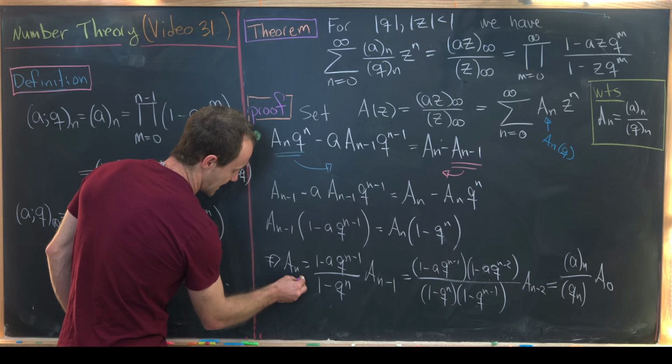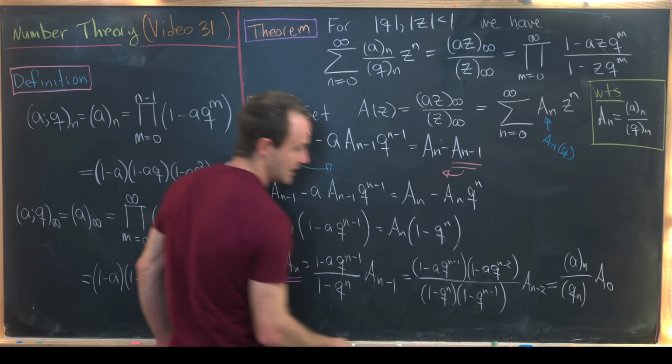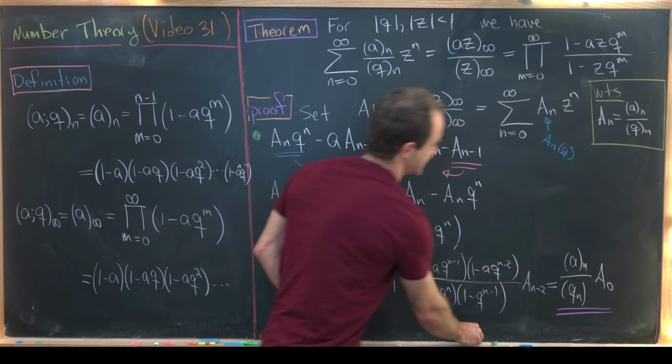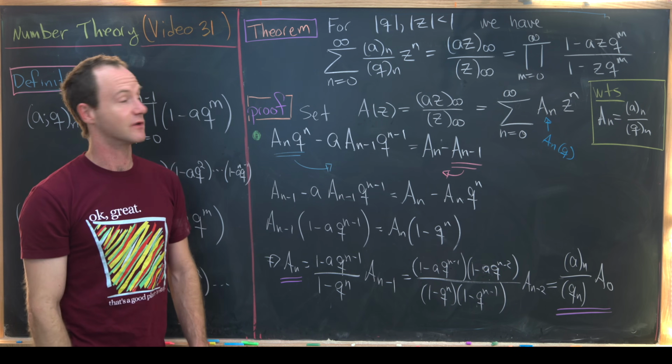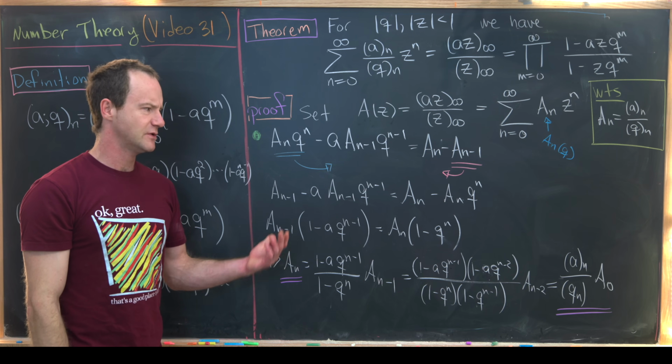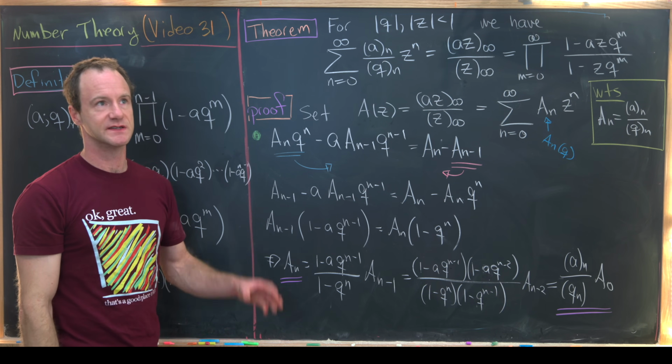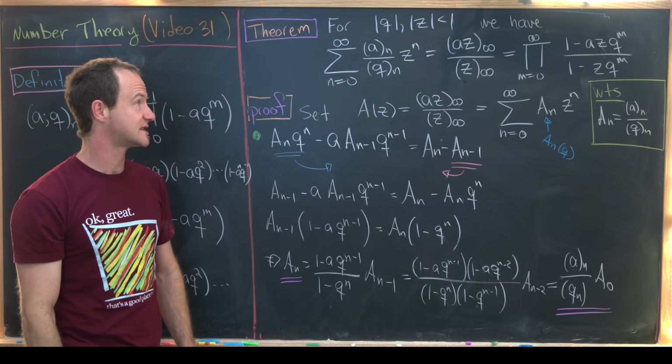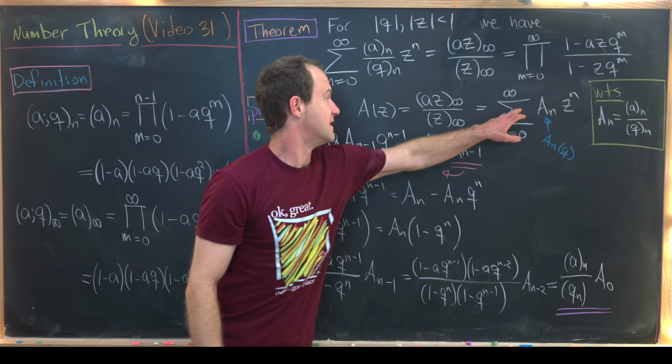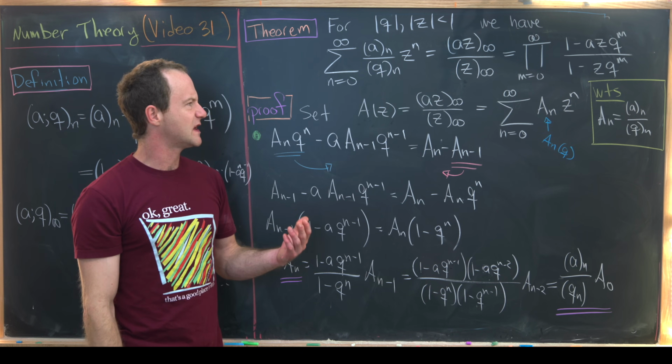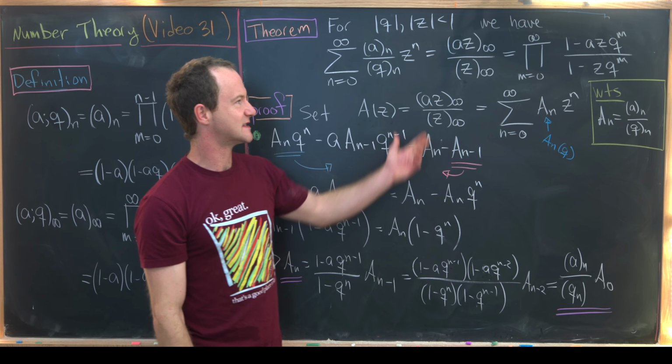So let's see what we've got. We've got a sub n is equal to this in terms of a0. But now we just have to figure out what a0 is. So a0 is the constant term of this sum. But we can figure that out just by looking at this expansion.